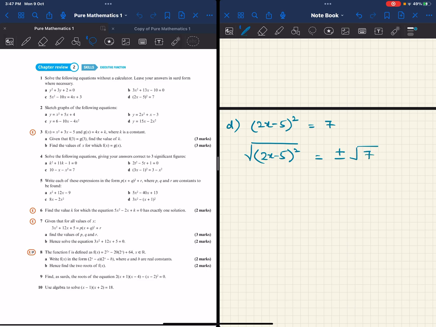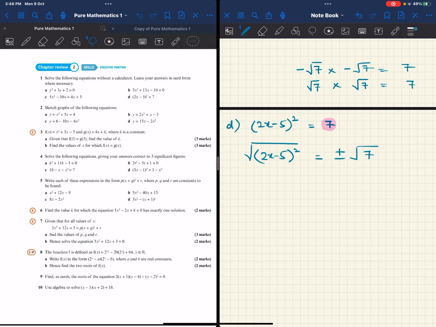Now some students get confused. How do we get positive or negative square root of 7? Basically, if I want a product of 7, I can have minus root 7 times minus root 7 to give me 7, or I can have root 7 into root 7 also to give me 7.